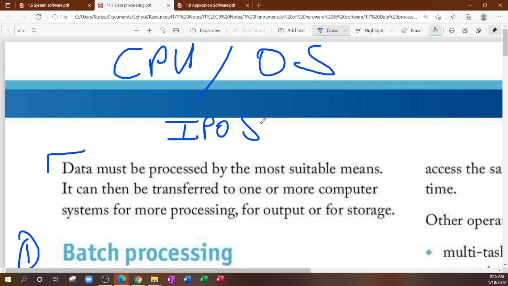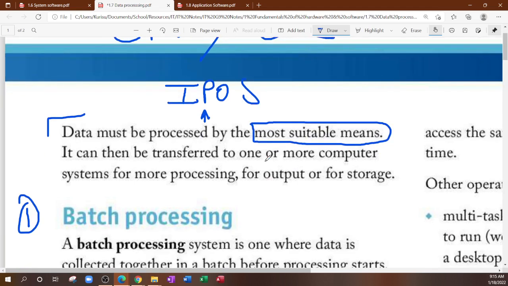Very good. Input, processing, output, and storage. So we're looking at this processing part here. How does the CPU, how does the operating system, process its data? So we're going to process the data and choose the most suitable way of processing that data.